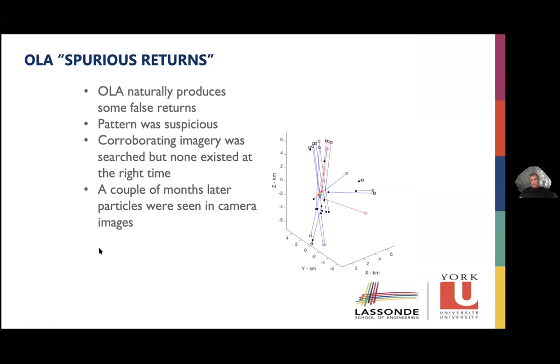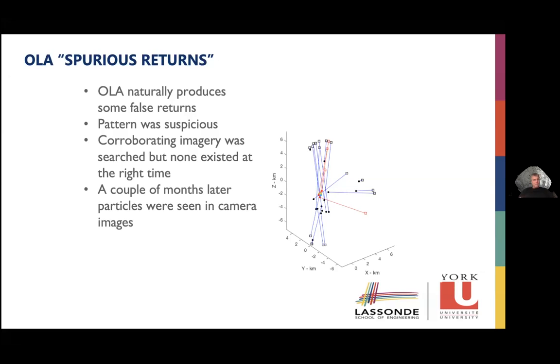Each of these little solid dots, black and red, represents where we got a false return. And the red ones are very close to Bennu, and they got my attention because they were in spots where we might have expected satellites, and there were more of them close to Bennu than I thought were statistically expected.